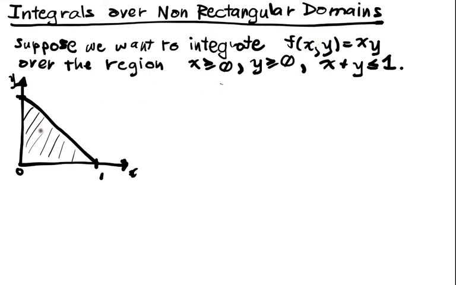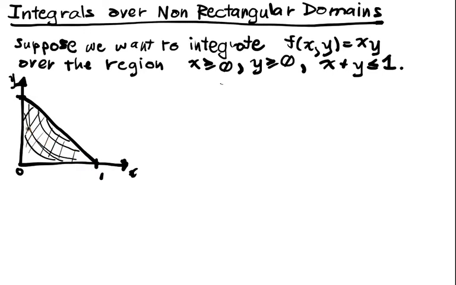So x and y take some values in this region. And the level curves will actually look like 1 over x. So these are the level curves sitting above that region. We want to integrate that function.